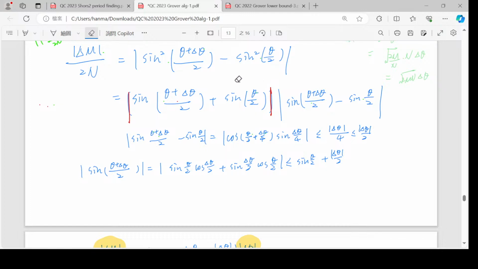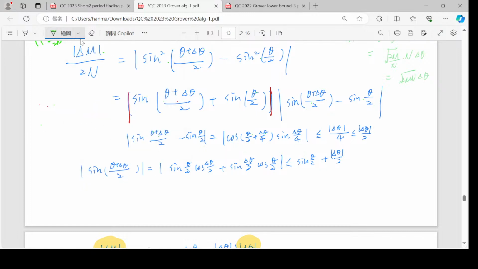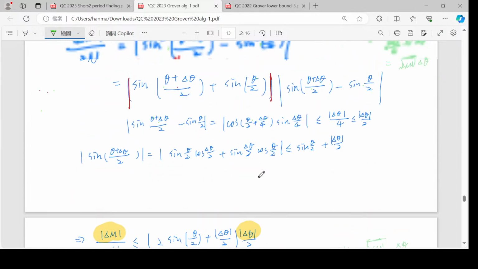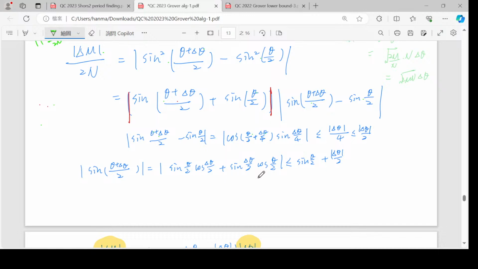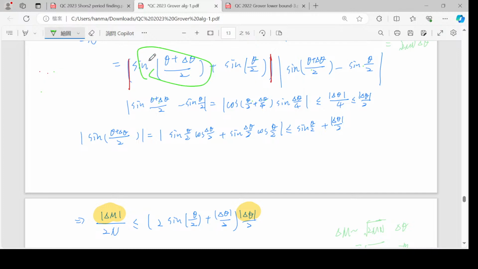So let's think about what's the absolute value of this term here. We use the trigonometry formula again, and it's going to be less than or equal to, it's not very important, but anyway, we bound the absolute value of this term first.